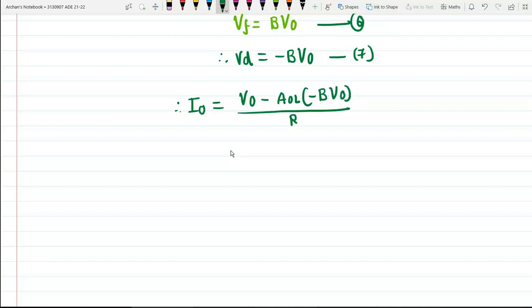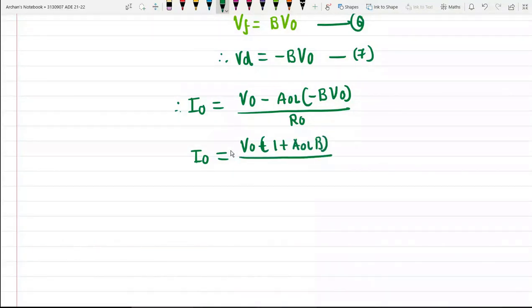So that is equal to V0 as a common term, into (1 plus AOL times B), divided by R0. Let us call this equation number 8. So equation 8 represents I0.